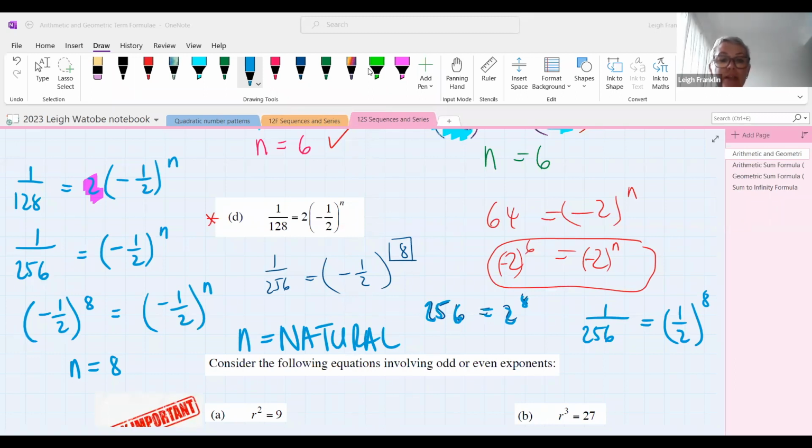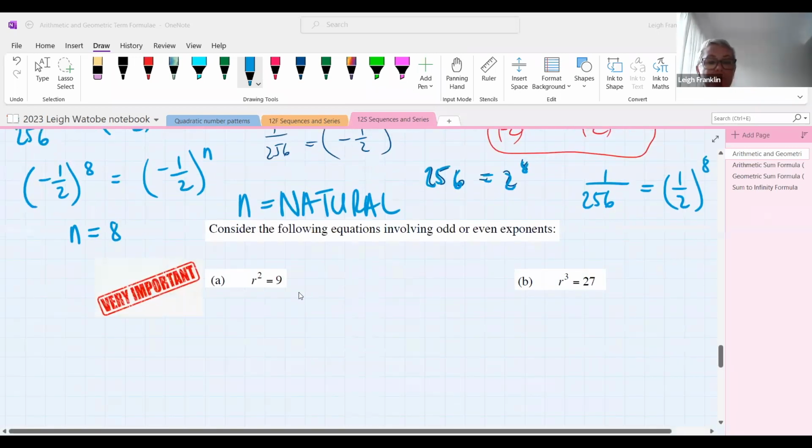All right, are we feeling a little bit better now? I see some of you are giving answers for the next ones already, which is nice to see. Well done. Now let's talk about equations involving odd or even exponents.